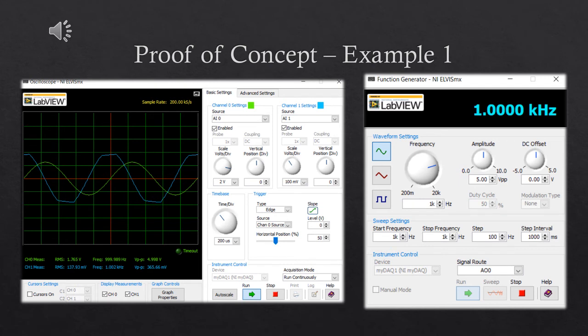This is the proof of concept using the NI Elvis MX suite of instruments. As you can see, our theory very nearly approximated our root mean square values and our voltage from peak to peak of our output voltage.